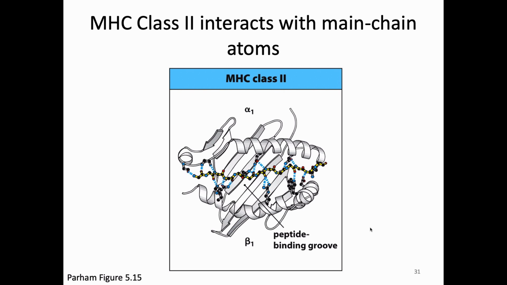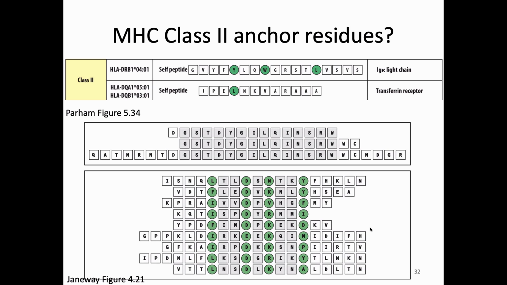And so you don't really see anchor residues when you look at the peptides that bind to Class II in the way that you see obvious anchor residues for Class I. That makes sense because we're seeing binding to main chain atoms, not to the R groups. Every so often, people try to talk about Class II anchor residues, and it's always super sketchy.